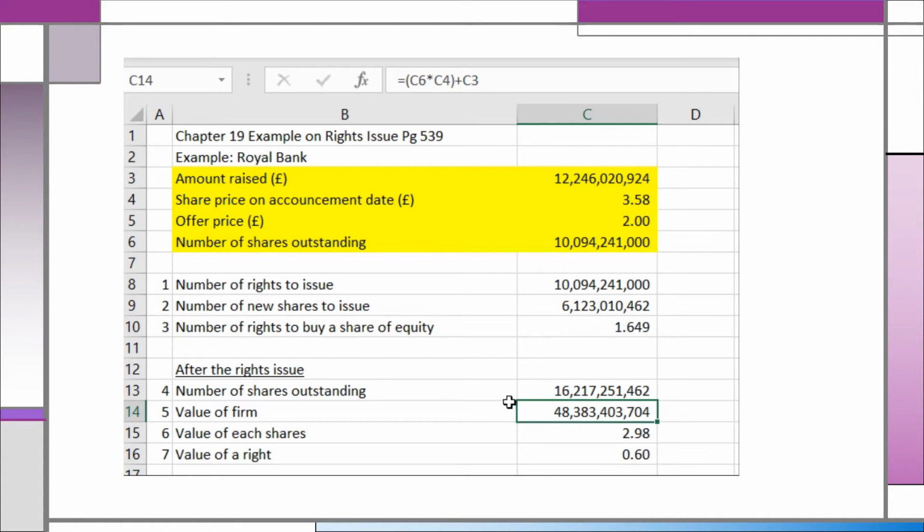Question 5. What is the value of the firm? The value of the firm is the original market capitalization plus amount of new financing raised. The value of the firm or market capitalization increases after the rights issue.